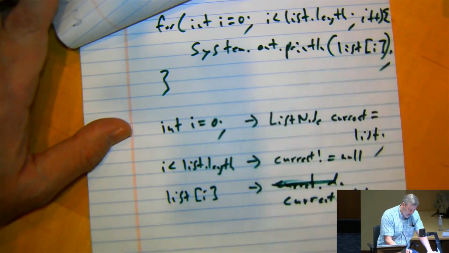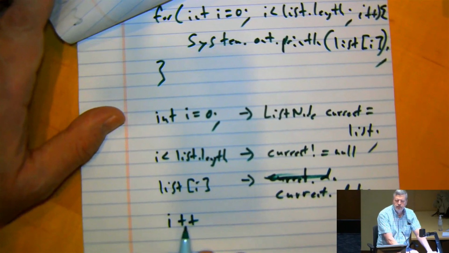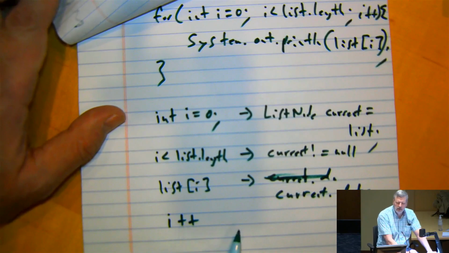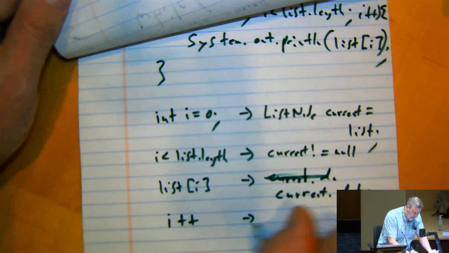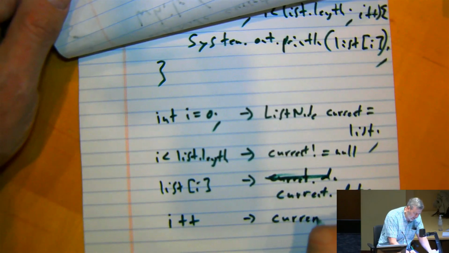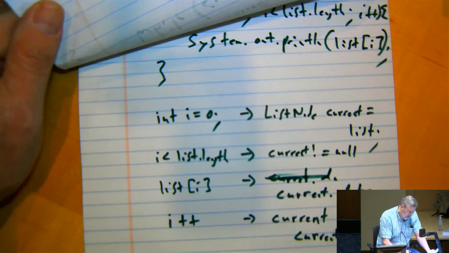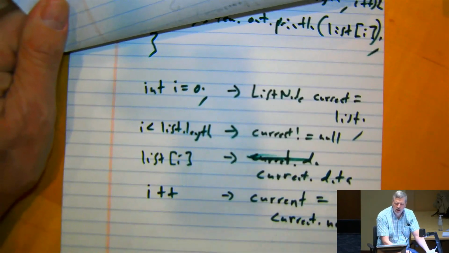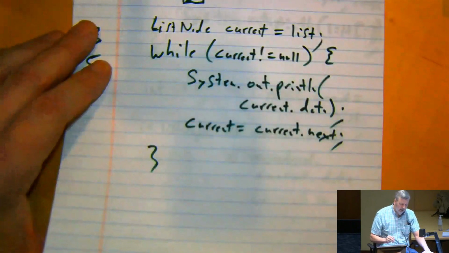And we do the update here by doing i++, a very simple kind of update that bumps up our integer index by 1 so that we're looking at the index 1 to the right of where we were before. The corresponding thing here is current gets current.next. So what that becomes over here is current is assigned to current.next. So that's kind of the correspondence between array-based code and linked list-based code. That might be helpful to kind of be thinking about in terms of understanding what it is that these different elements accomplish.